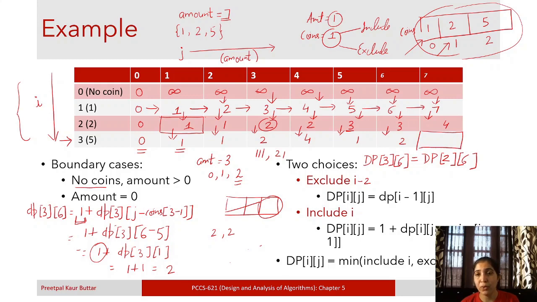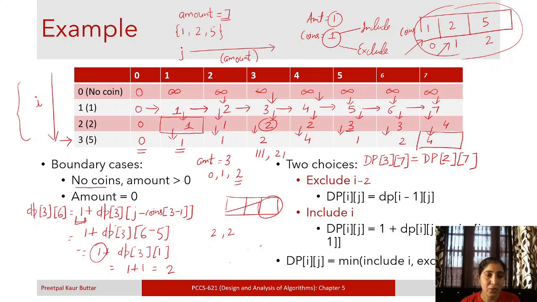And lastly we reach here, which will give us the final solution, that is the solution to make an amount equal to 7 using the minimum number of coins. So here also you can include the 5 rupee coin or exclude the 5 rupee coin. When you exclude this 5 rupee coin, then you will simply copy the solution from the upper cell, that is you will need 4 coins.